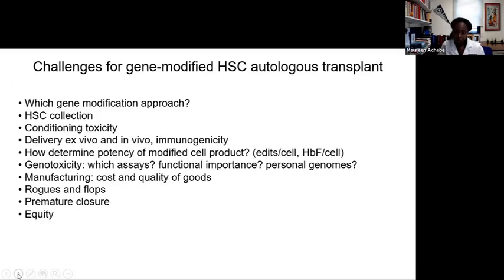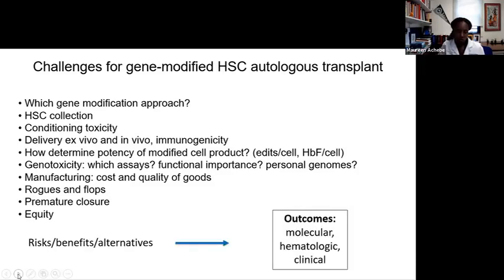And then we have to think of equity. We are aware that with the cost of gene therapy currently, it will not get to the people who need it most. So as we look at the risks and benefits, we look at the alternatives, and we are really waiting for long-term outcome, both molecular, hematologic, and clinical outcomes.